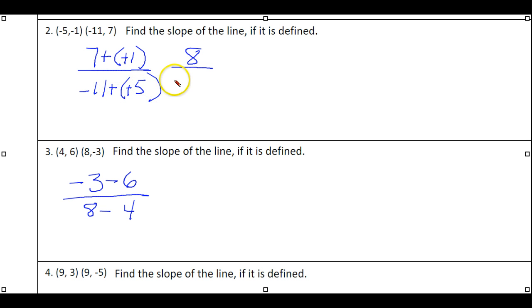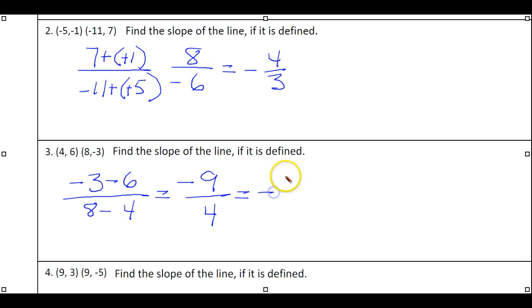And this is going to be a -6. So as we simplify this, this becomes a -4/3. And here, again, two negatives, but they're just subtracting in a sense. So this is going to be a -9 over a +4.